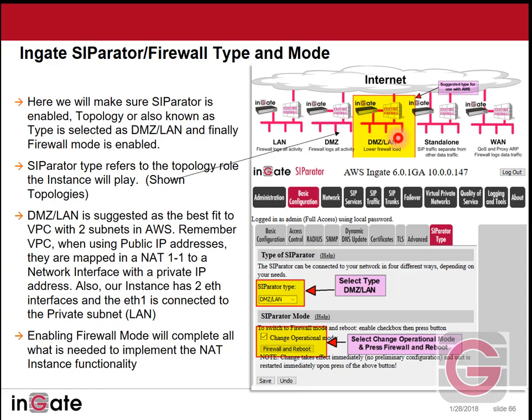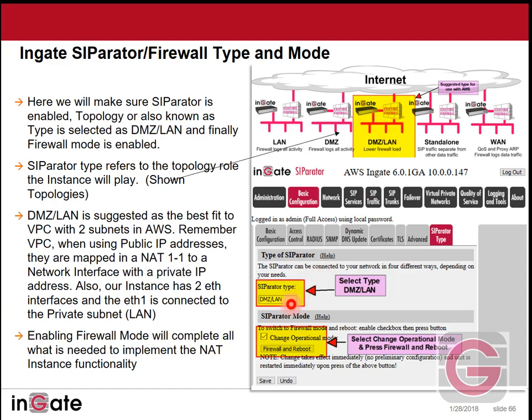When deploying in Amazon, most likely the topology that you're going to use is DMZ LAN, because in our case we have two networks. One is the DMZ, which is what we call the public subnet, and the LAN is what we call the private subnet.